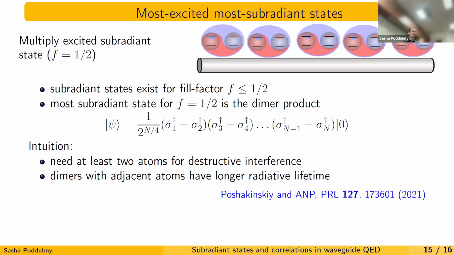Why not? And for this, we have an answer from the previous slide, because small dimers have the longest lifetime. If you have a dimer with more spacing between atoms, you decrease the lifetime, as 1 over time is proportional to d squared over lambda squared gamma 1D.